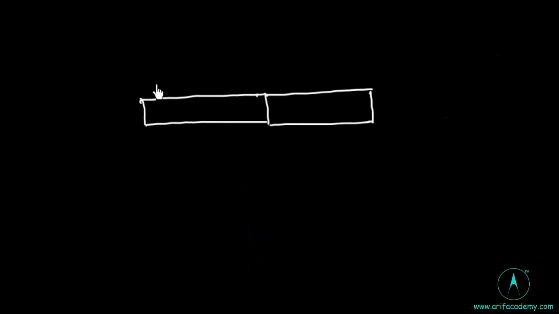Here we have two rods, and this end has temperature T1 and this end has temperature T2, and we have to find the temperature of the junction. And this rod has thermal resistance R1 and this has thermal resistance R2.